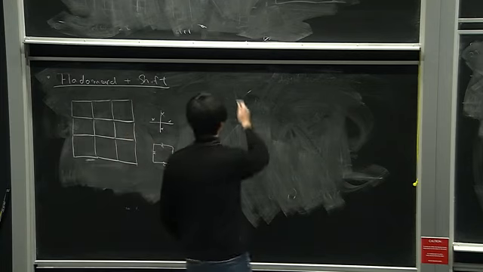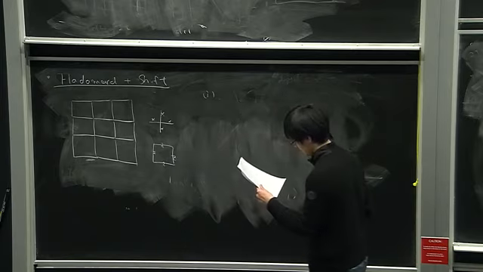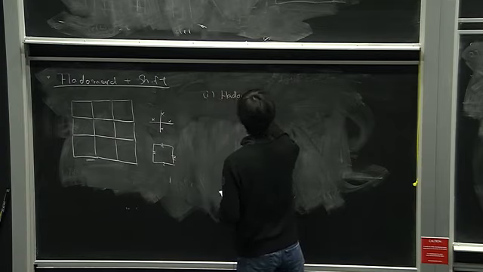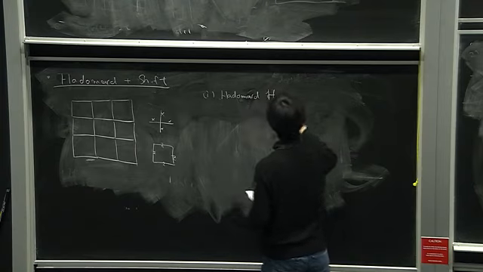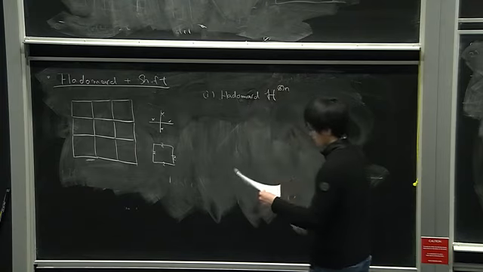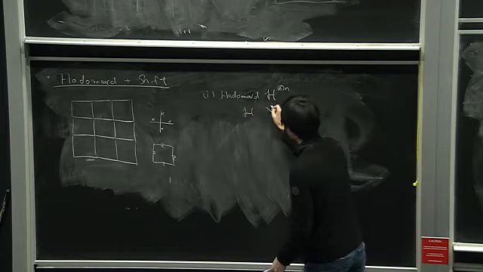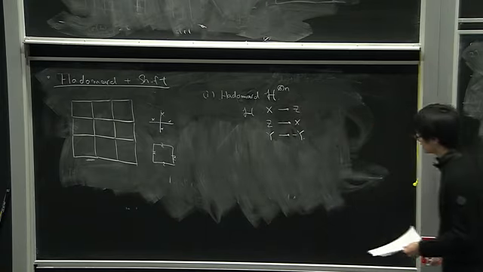But if we have a toric code, we have these terms. Let's think about the following two-step implementation of a gate. First, we implement the Hadamard gate everywhere on the system. Just to recap, Hadamard exchanges X and Z operators.